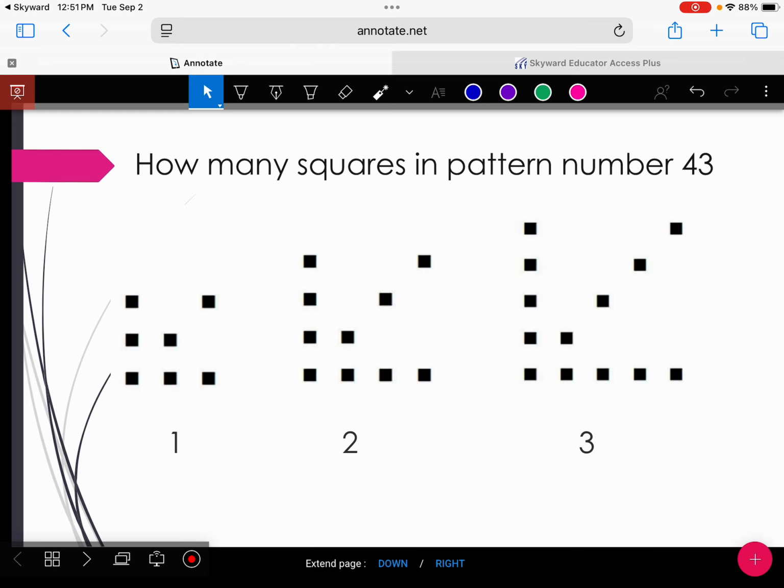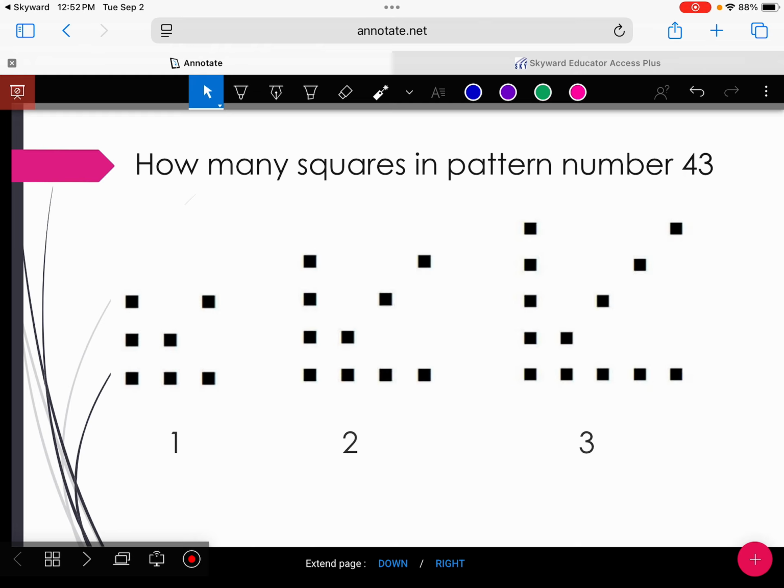See what we notice. When in doubt, start with how many squares are here. See how it's changing. Oh, so it's N plus something.